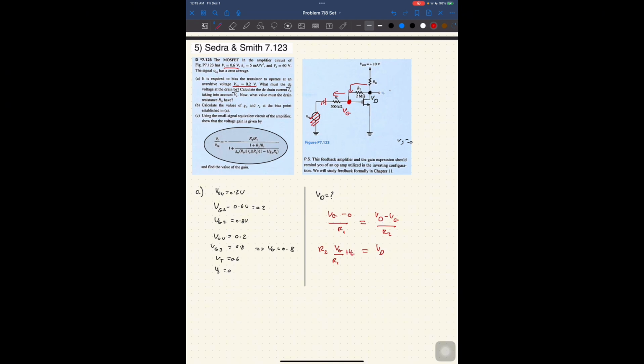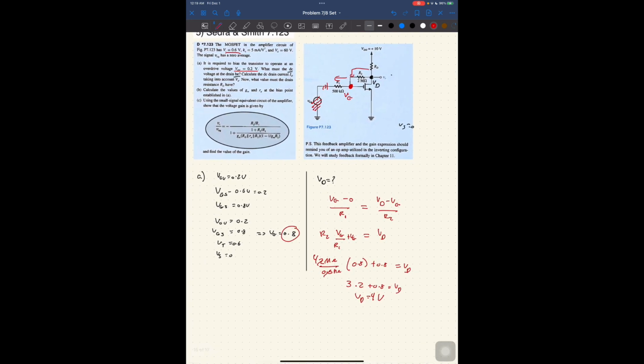R2 is given to me as 2 megaohms, R1 is 0.5 megaohms, and VG is 0.8. So VD is 4 times 0.8, which is 3.2, plus 0.8. Therefore VD is equal to 4 volts.